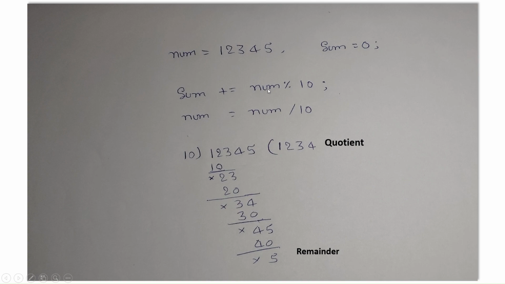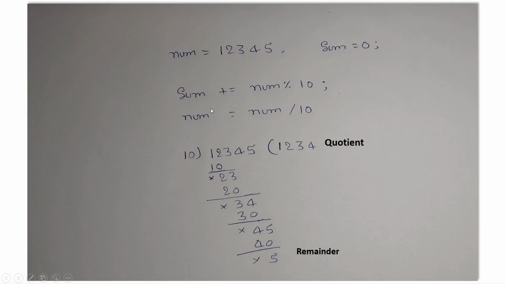In the first iteration, first perform num percent 10, and you will get the remainder 5. After getting the 5, the statement is sum plus equal to, which means this 5 will be added to the initial value of sum, which is 0. 0 plus 5 is 5.